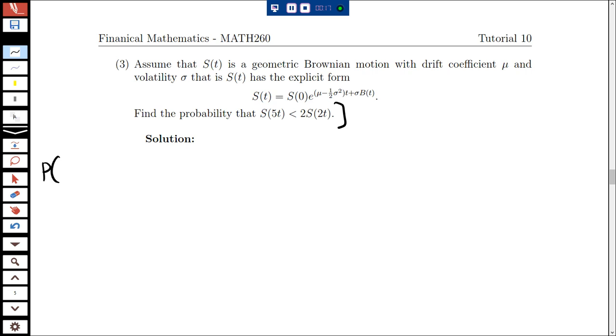We're on the probability that the share price at time 5t is less than 2 times the share price at time 2t. And we know the share price follows this model, so let's drop that straight in.